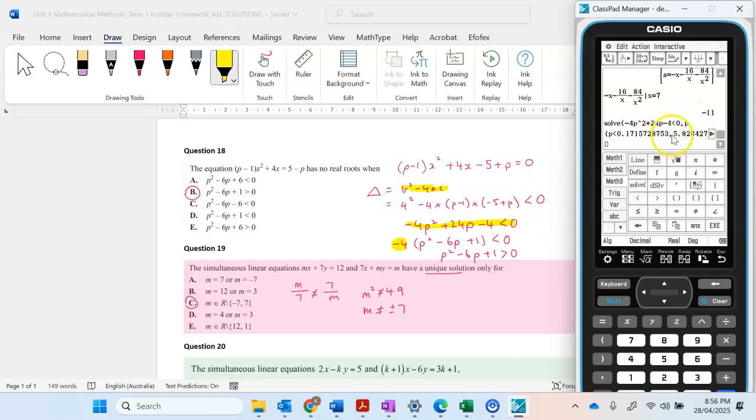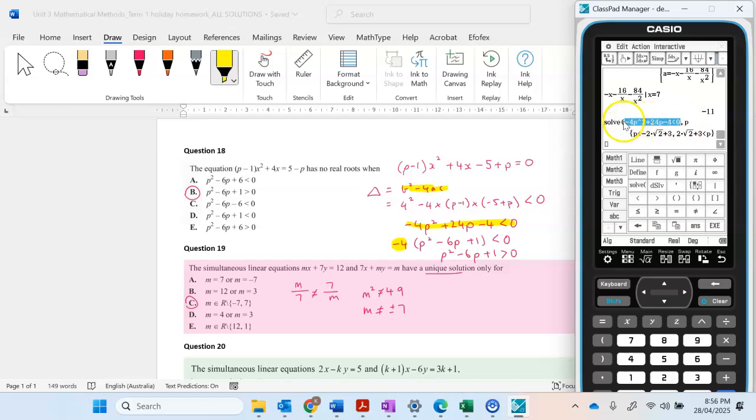I was thinking, why did I do that by hand? It's because it's giving you all these values for p, and it's not going to give it to you as an expression. It's gone on to solve for p, which is not what we wanted. We just wanted to do that expression.